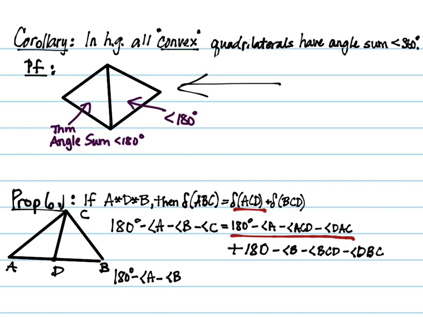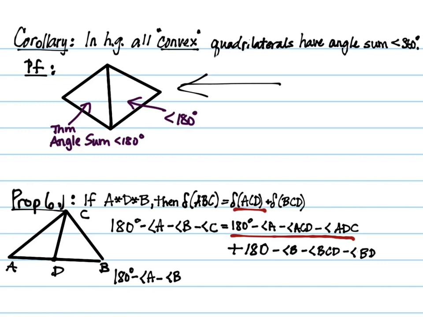Shouldn't that be ADC? Oh, yes, it should. Thank you. I've got them listed wrong. You're right. I've got it zoomed in. I was trying not to go back to my picture. I should have looked at my notes instead. Okay, give them to me in the right order. D's got to be in the middle. So ADC, and this one, D's got to be in the middle. So BDC. Yes, thank you. Appreciate that.